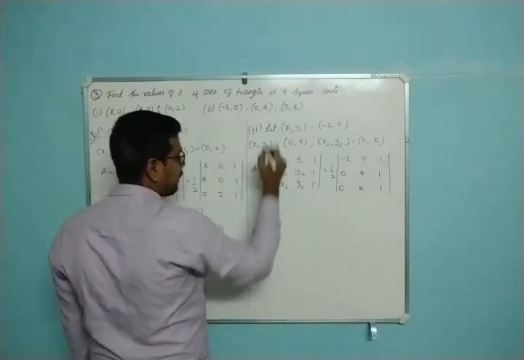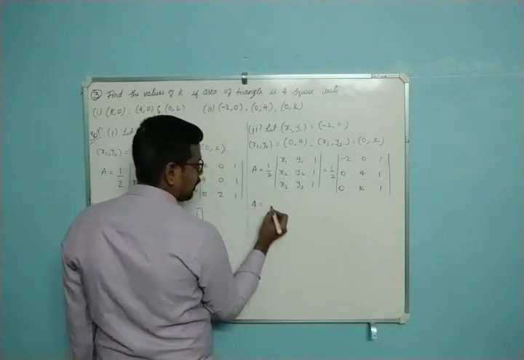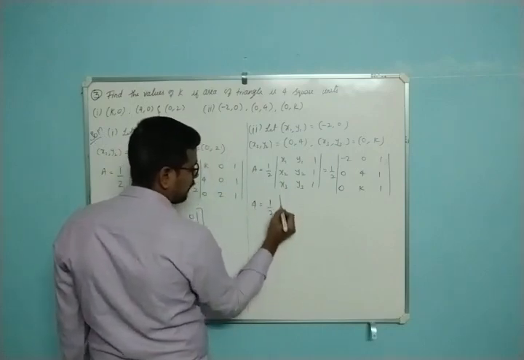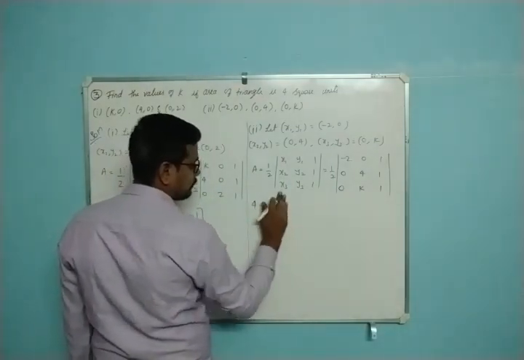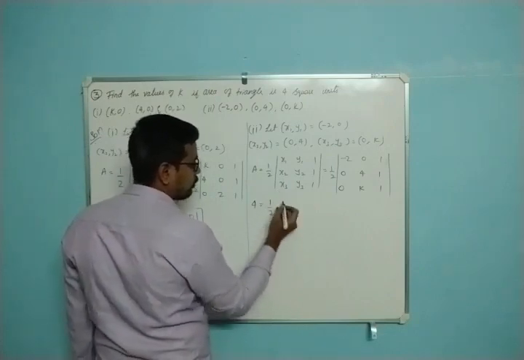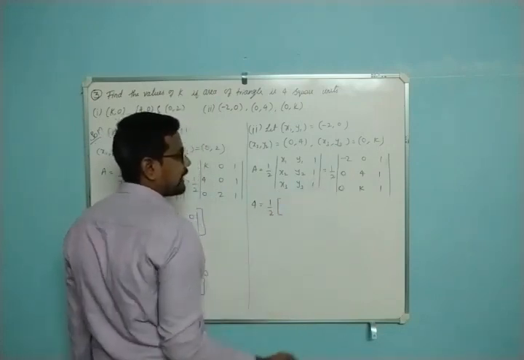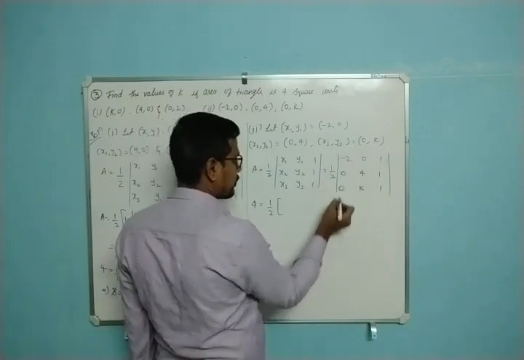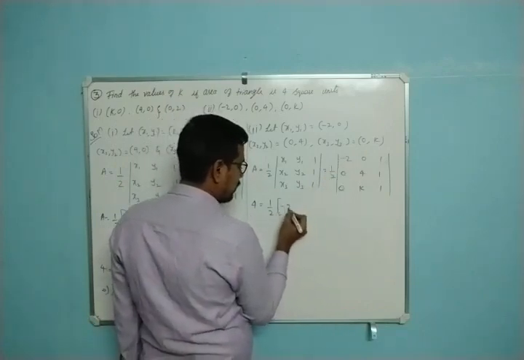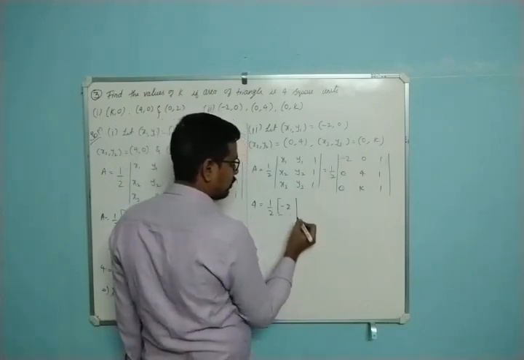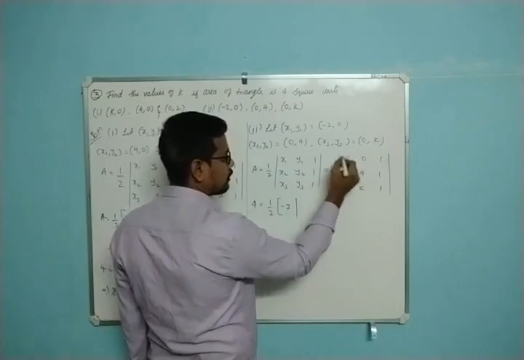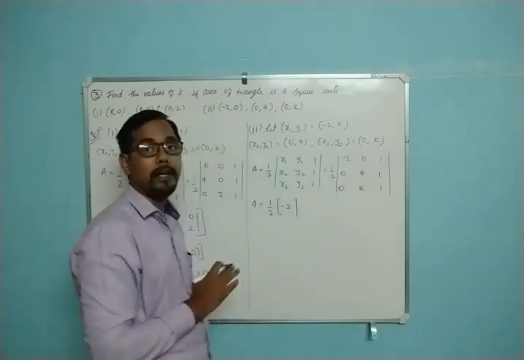But what is the area? We know that it is 4. So 4 is equal to half into, expanding through the first column. The 0s will become 0. Minus 2 into, minus 2 is in the first row and first column, so leave the first row and first column.